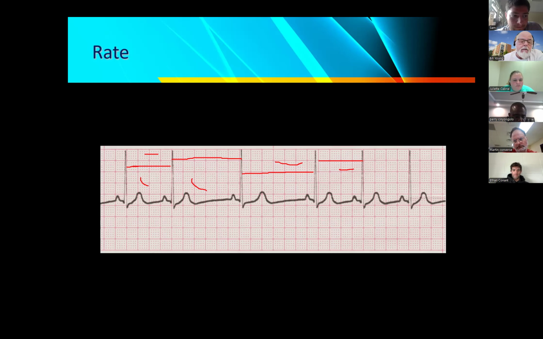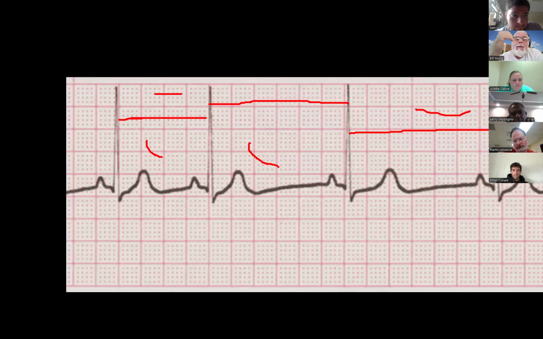Now, take a look at the PR interval and tell me, does the PR interval look to be within normal width? From what I can tell based off the picture, it looks to be 3 little boxes, which would be normal. I can go with that. Okay. So that would be 0.12 seconds. And so that would be normal. Next question, Juliet. Is the PR interval constant or does it change?